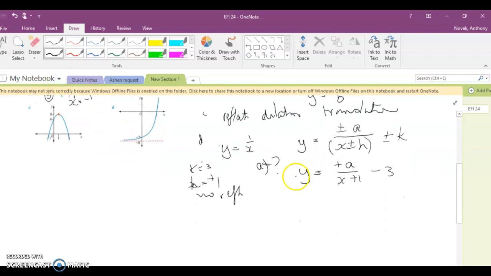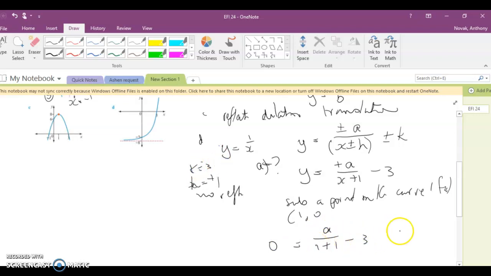So we just simply substitute a point on the line or curve function. So we're going to substitute in this case 1 comma 0. So that's 0 equals a over 1 plus 1 minus 3.